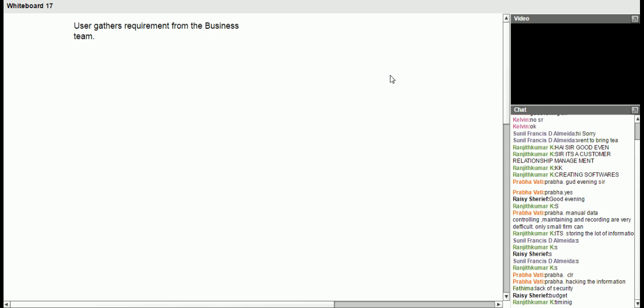Then the user prepares the documentation, both technical and functional.